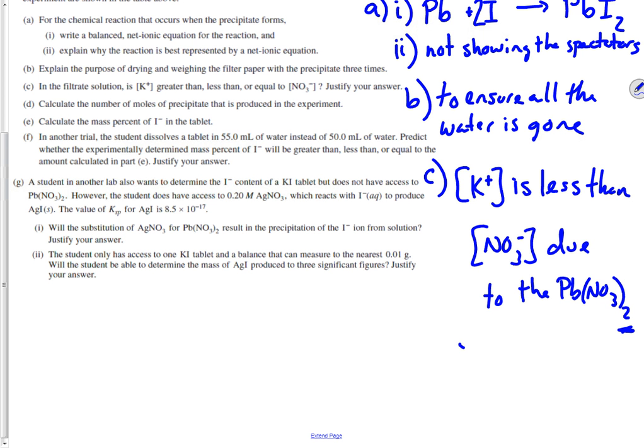Now, if you had extra values to work with, then you would have to manipulate that and work with that.